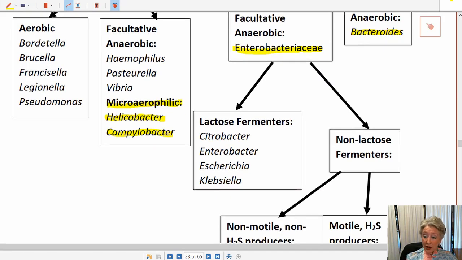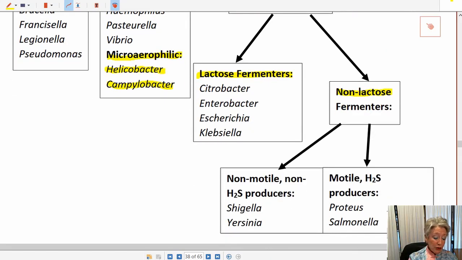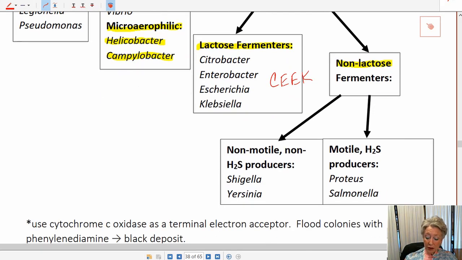Within the Enterobacteriaceae, which are a major group, notice I distinguish between them by which ones are lactose fermenters and which ones are not fermenters of lactose. The lactose fermenters spell CEEK, as you notice, C-E-E-K, and the non-lactose fermenters spell SHIPS.